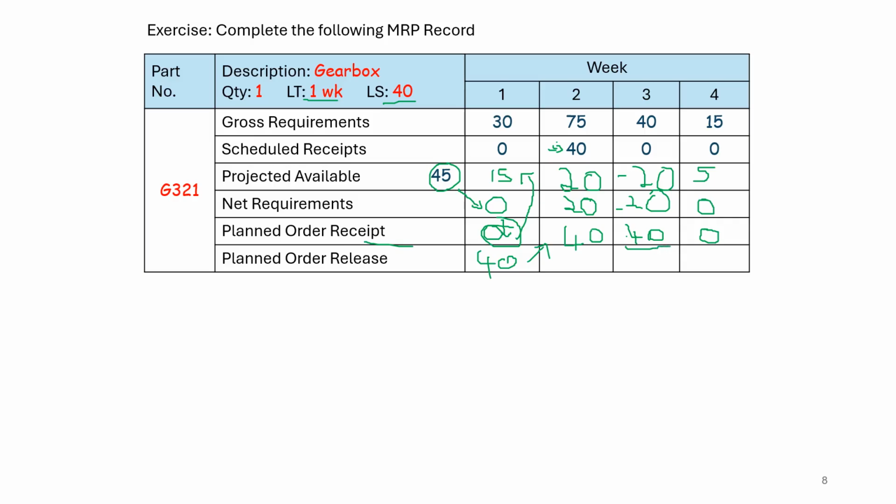So to satisfy this, we have to place the order 1 week in advance, which is in week 2 itself, so that the order placed in week 2 arrives in the form of a planned order received. And for week 3, we don't need to order anything. And for week 4, similarly, we don't need to order anything.